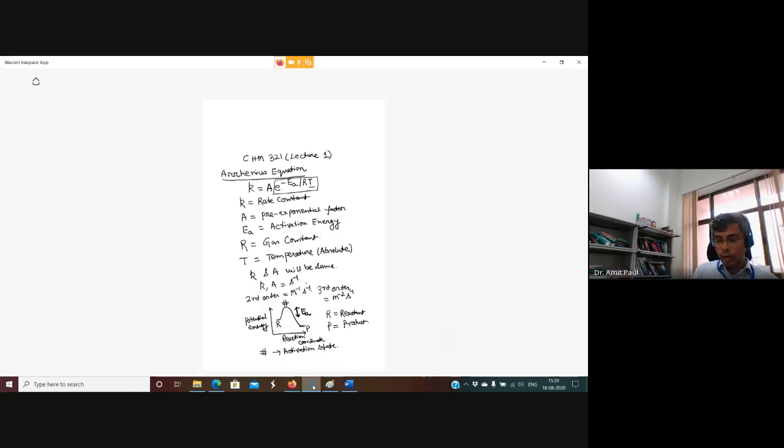Okay, so I hope all of you already know these basic things from your school level understanding, that whenever in kinetics the reactant wants to convert to the product, you usually have an activation barrier, and that activation barrier has been drawn here. So this is the basic concept behind this Arrhenius equation.